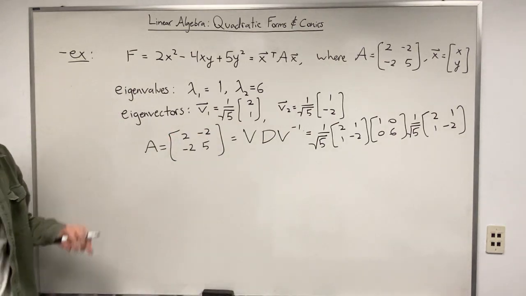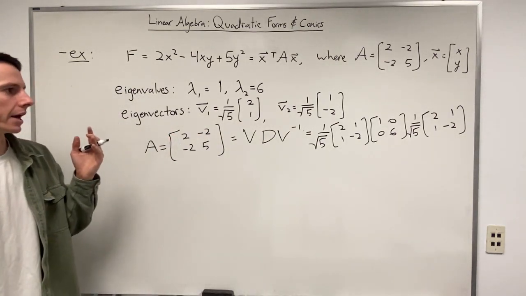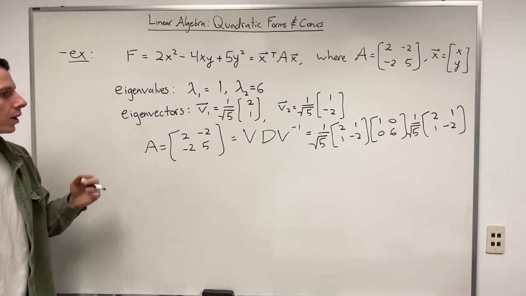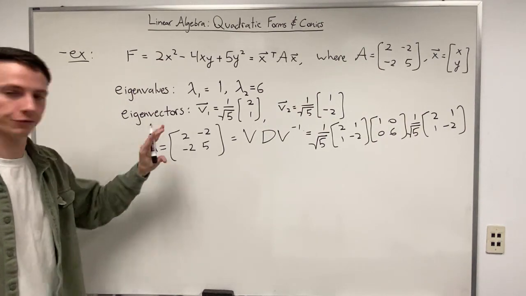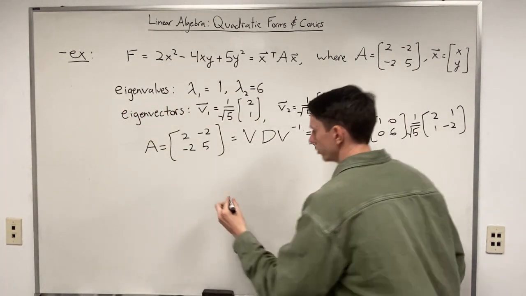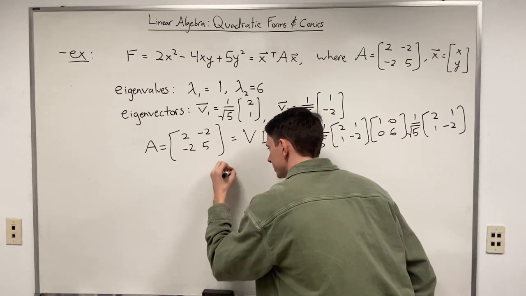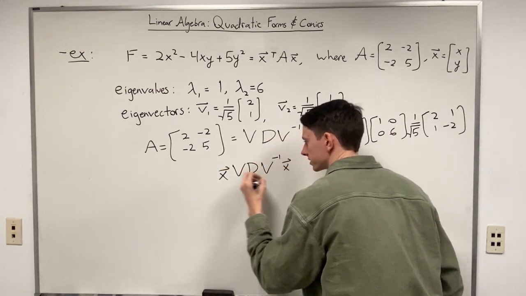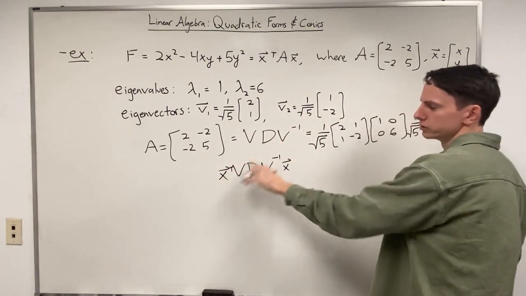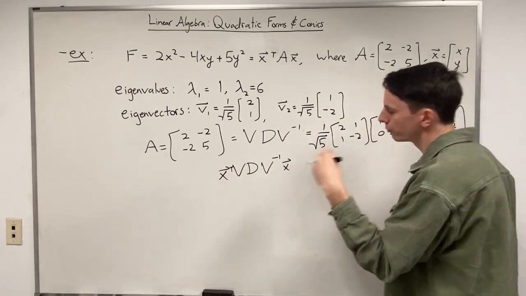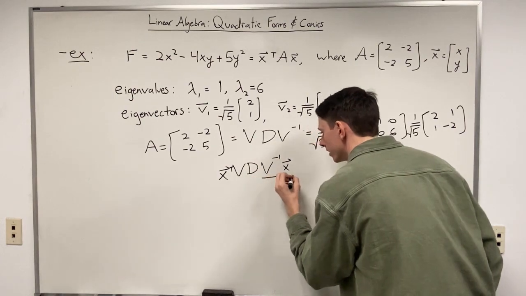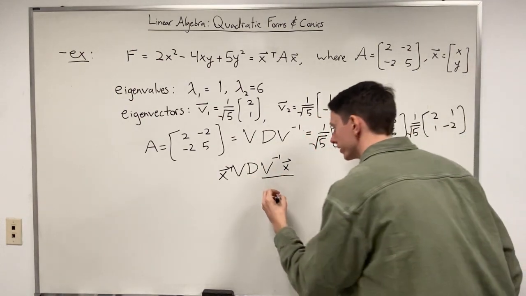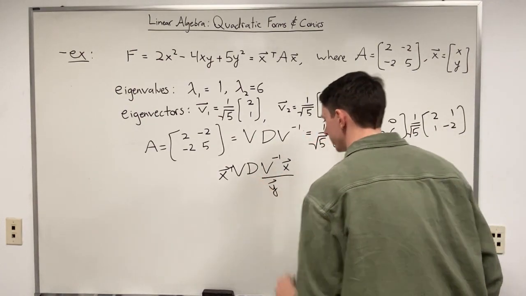Now, to see how to write this in a simpler form, if you remember the previous whiteboard, we said let's look at the quantity x transpose V D V inverse x, and then we define y to be this quantity right here, V inverse times x.